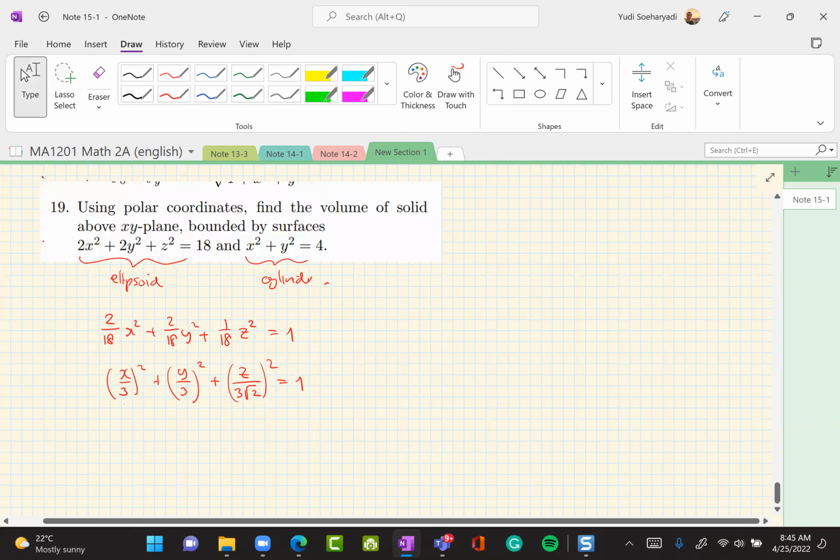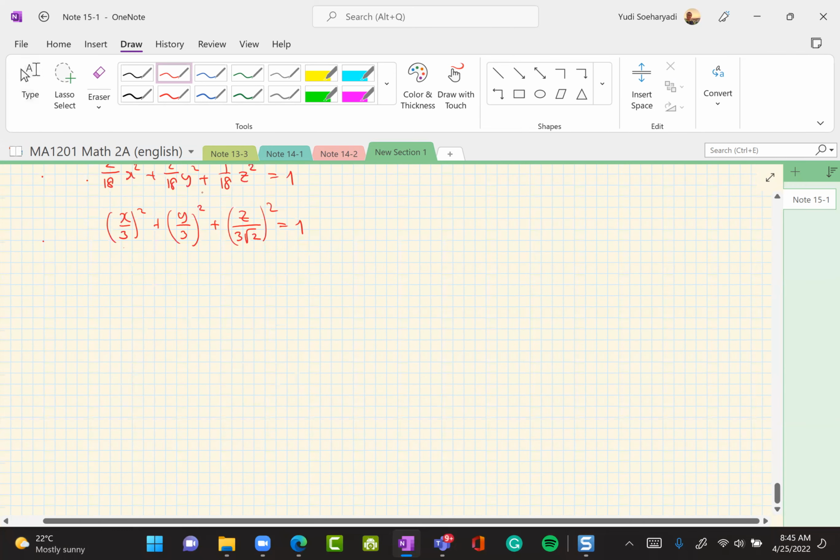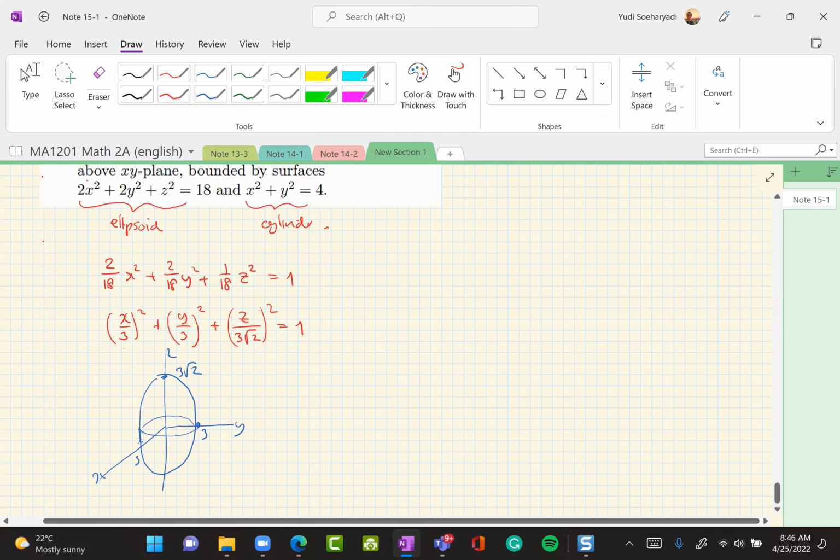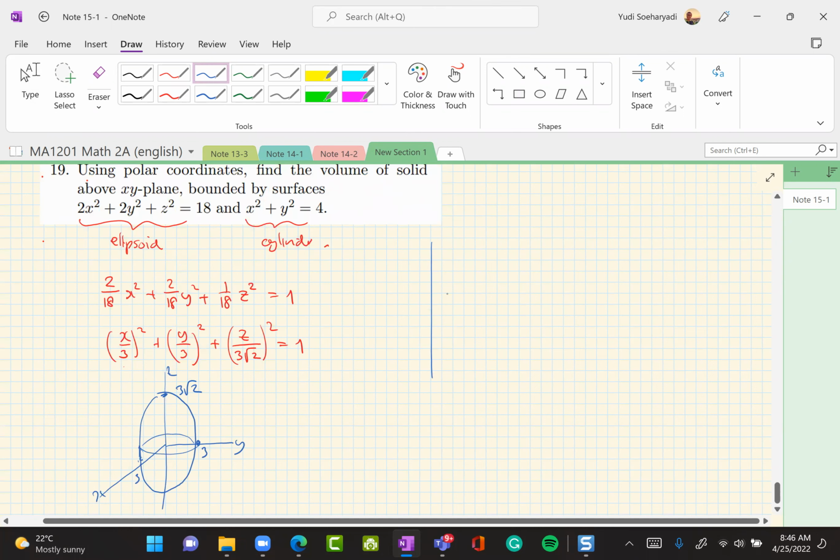And this is a cylinder. So this should look something like this. This is 3, this is 3, and here is 3 square root of 2. So it's an ellipsoid, and the cylinder is easy.